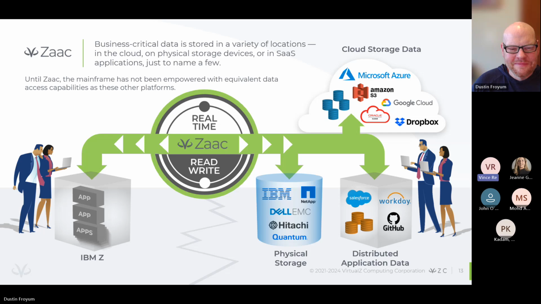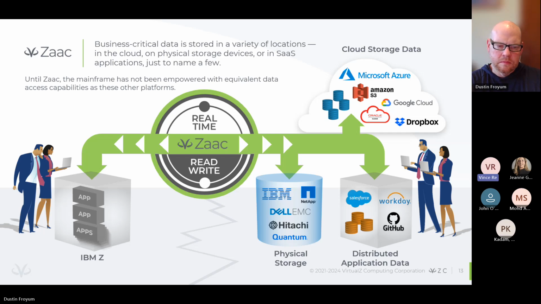But with Zaac, what we do is we take that cloud data and we make it appear like any other mainframe storage. It looks to your mainframe applications like it's just more physical 3390 disk storage or tape storage.